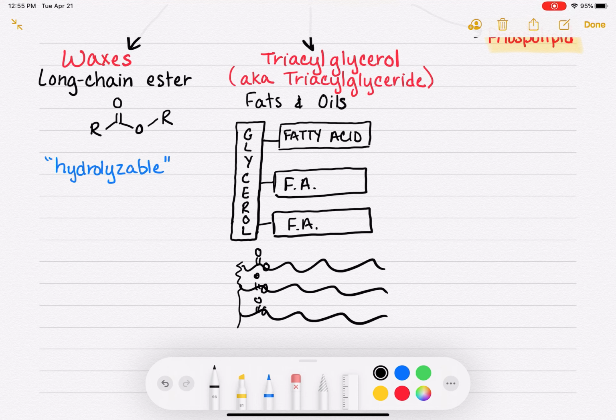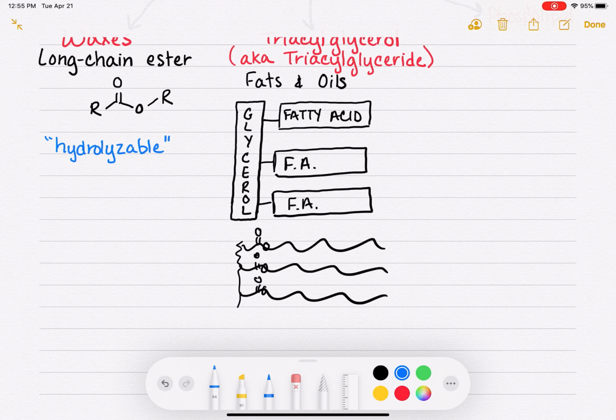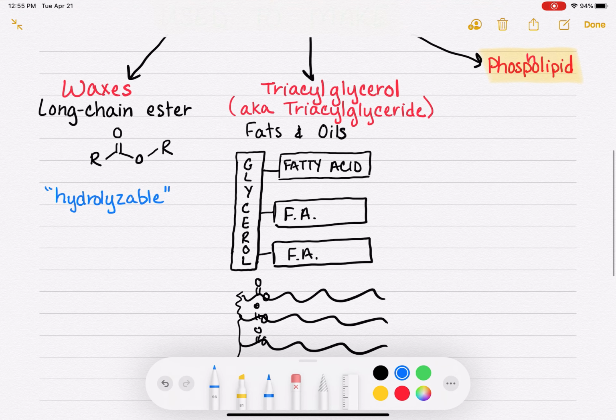But this is sort of the general gist of what it will look like. And these guys also react with water, so these are also hydrolyzable. And we will look at that reaction of how they react with water and what they produce when they react with water. And then number 3 are phospholipids.